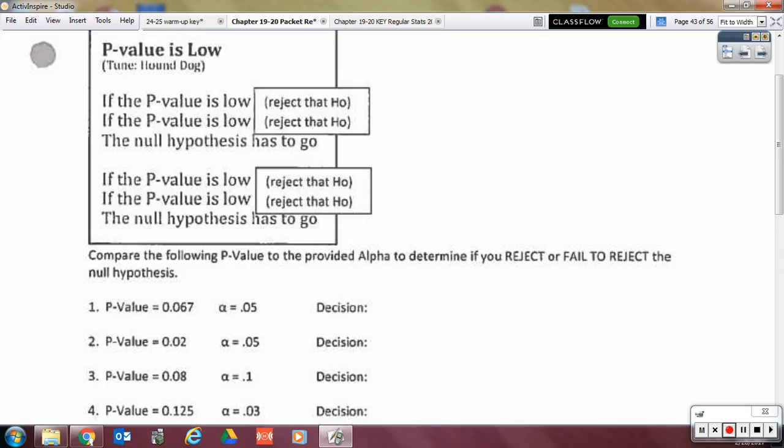So I'll say reject H-O, but you are welcome to reject that hoe. That's up to you, because that's more fun. All right, so here we go.